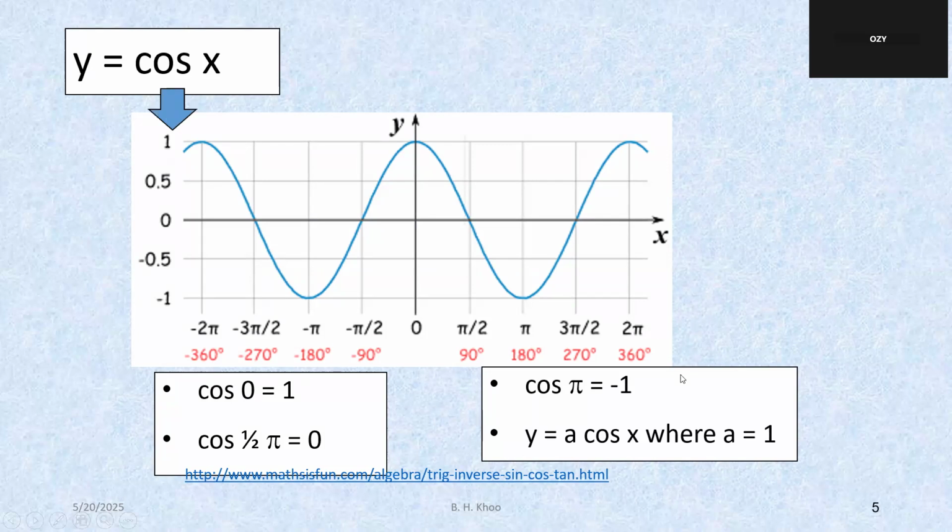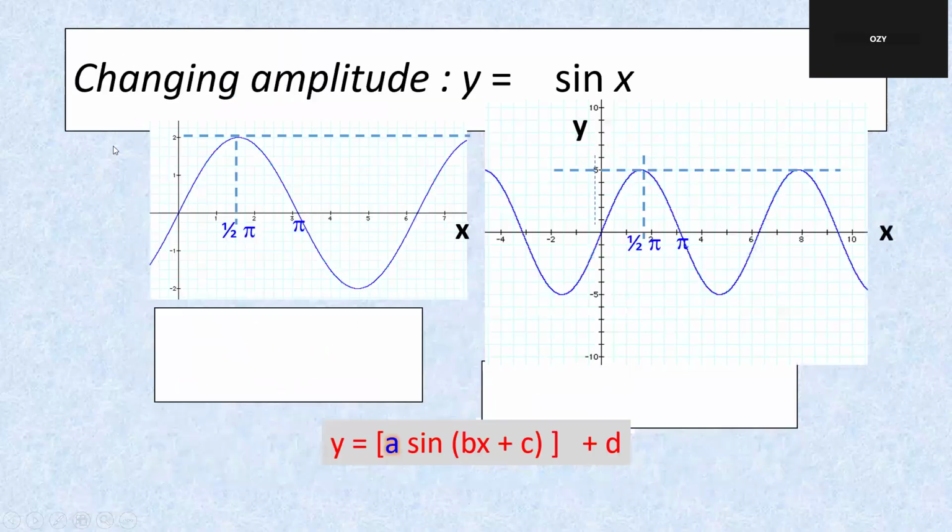In this case, A is 1, that's the amplitude. Changing the amplitude, instead of 1, in this case the amplitude is 2. In this case, the amplitude is 5.